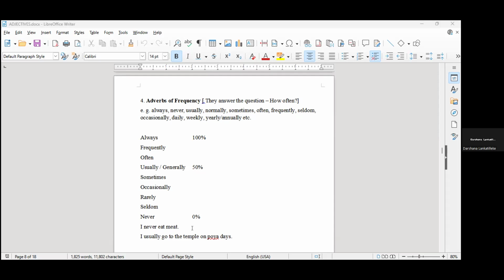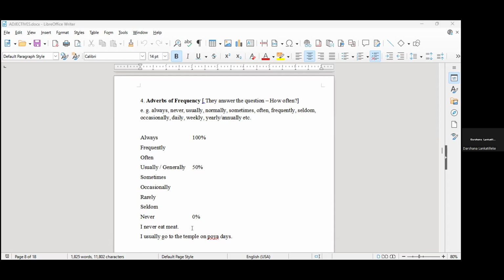Seldom means indala hitala. Rarely means kalaturaki. Never means no, you never do it.